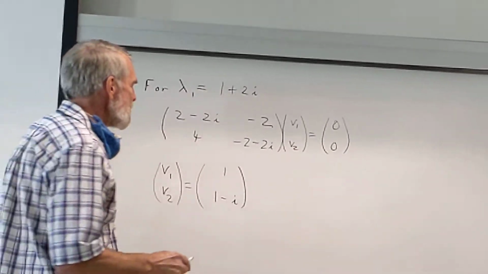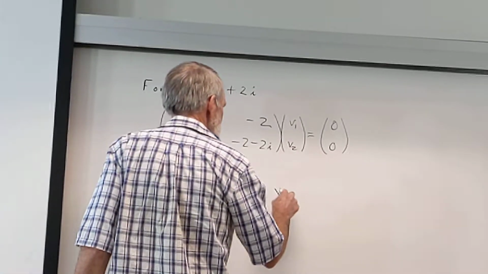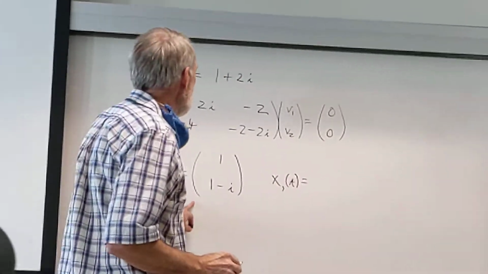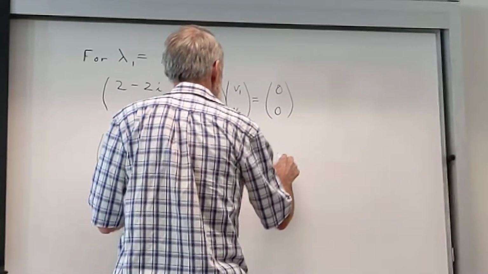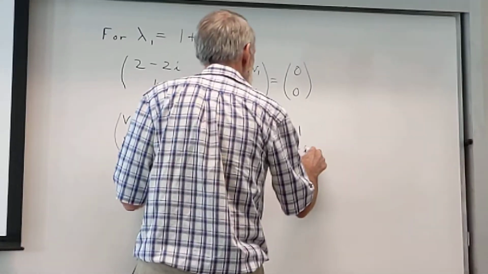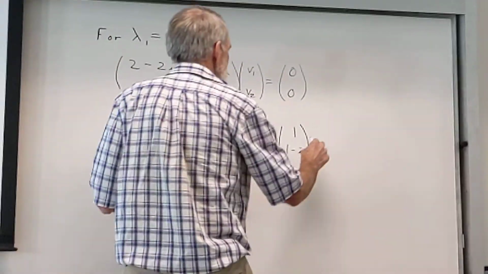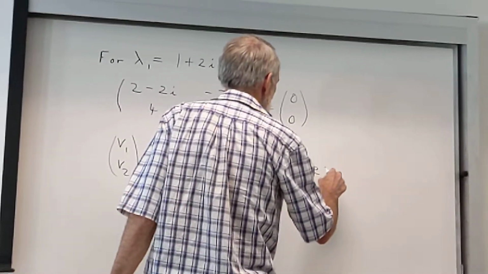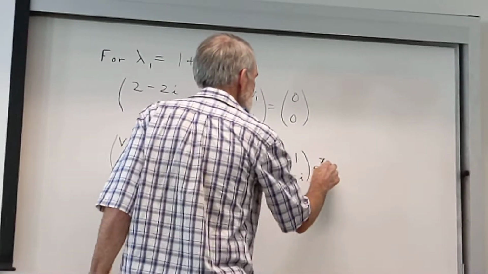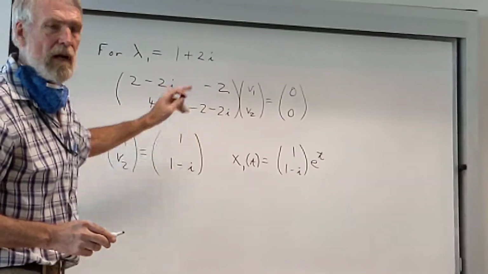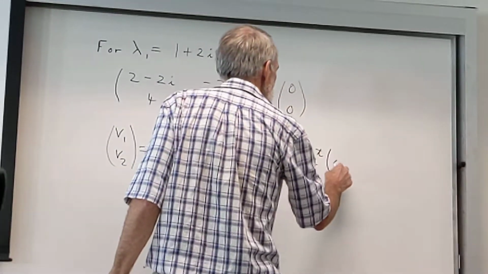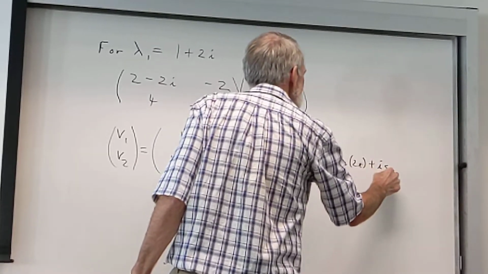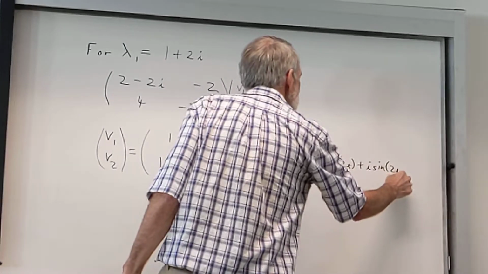So I now need to write down my x1 of t. Okay, my x1 of t is going to be this 1 minus i, e to the, let me go ahead and write it in the complex form. It's going to be e to the t from this, times cosine 2t plus i sine 2t.